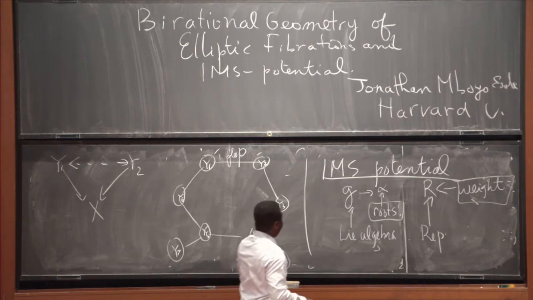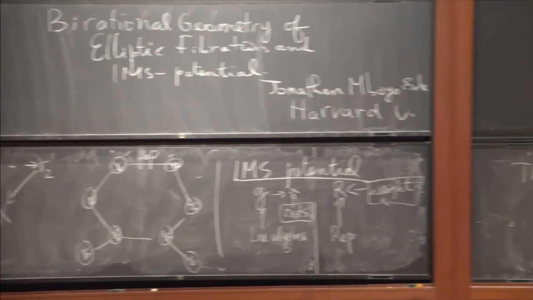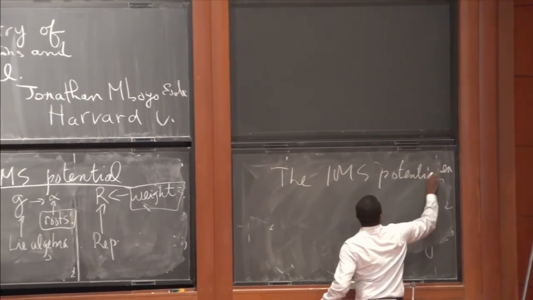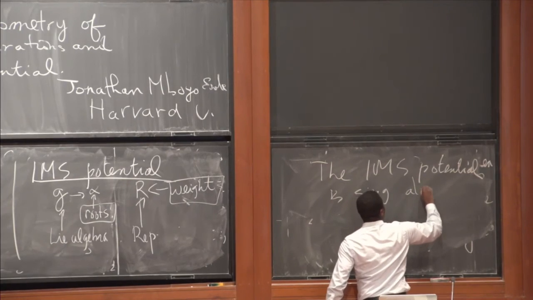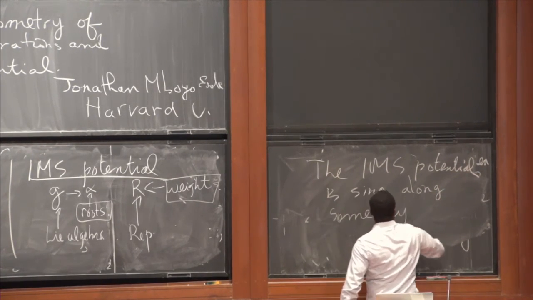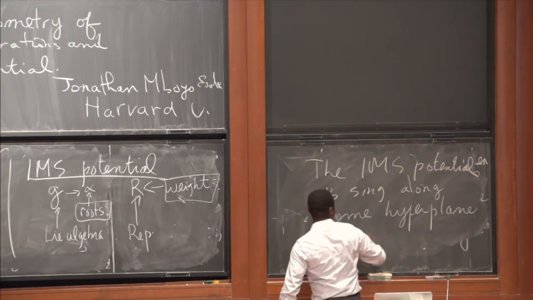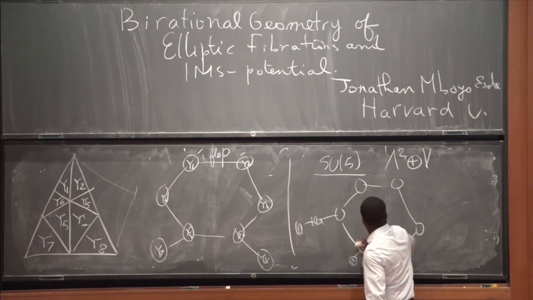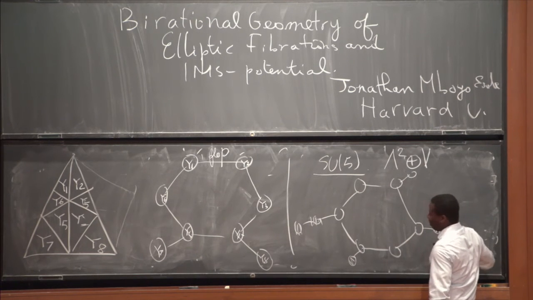So now, the IMS potential is singular along some hyperplane. Extend it with new nodes that take the following form.